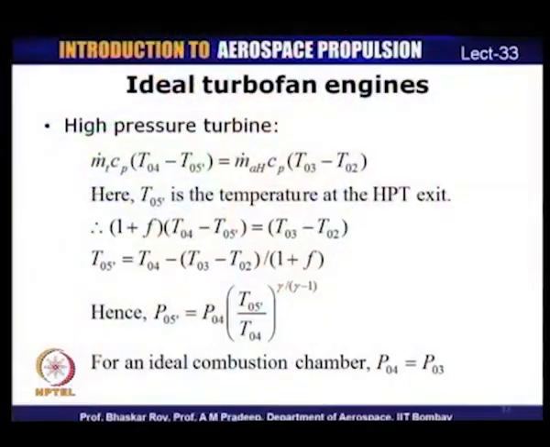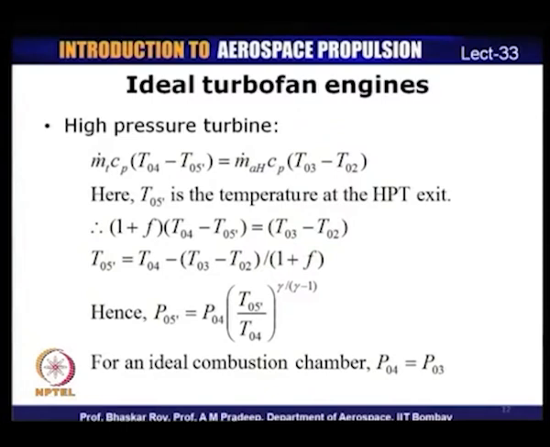So, for the high pressure turbine, which is the first component after the combustion chamber, the work done by the high pressure turbine should be equal to the work required for the compressor. If we equate the two, we have m dot T, which is the mass flow rate through the turbine, that is the mass flow rate coming in from the compressor plus the fuel flow rate, multiplied by Cp into T04 minus T05 prime.